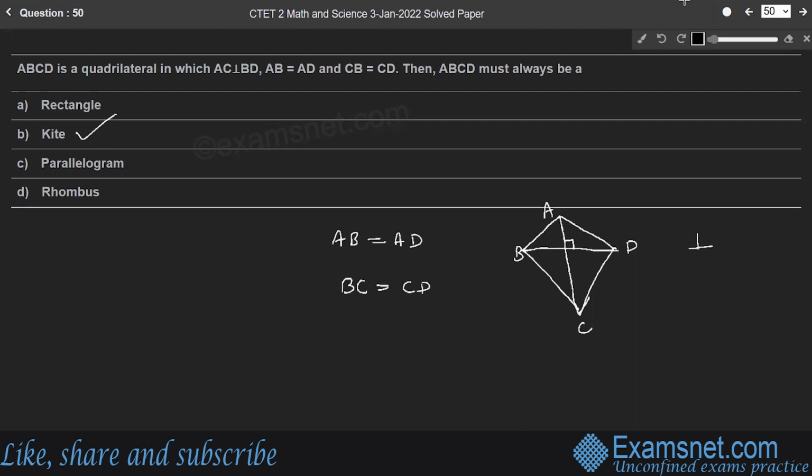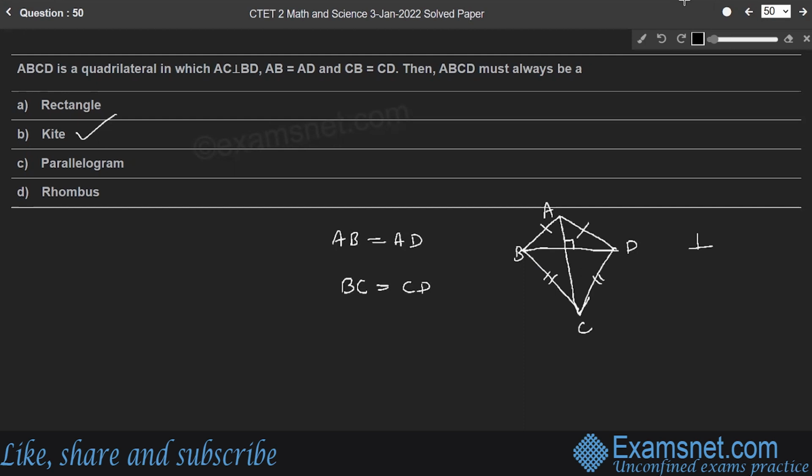Here, two sides are adjacent to each other and they are equal in their length. Here also CB is adjacent to CD, which are equal to each other. Right? AB is equal to AD. And the diagonals intersect each other at right angles. So AC is perpendicular to BD.